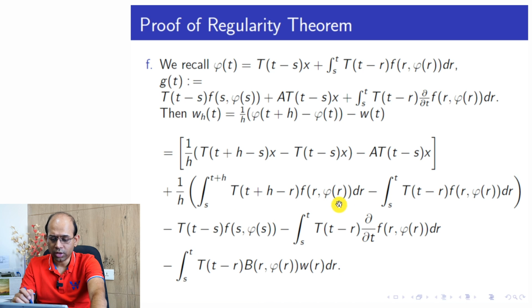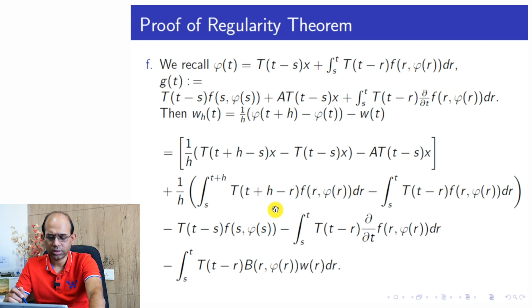So now for this term, we can do a little bit more, because these two things look quite similar. The only difference is that it is s to t plus h, and here t plus h appears. But one can of course change variable. So substitute r minus h as r prime. Then r is equal to r prime plus h.